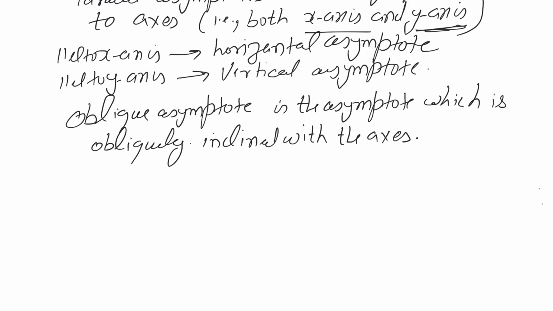So that asymptote is different from parallel asymptote and is known as oblique asymptote.